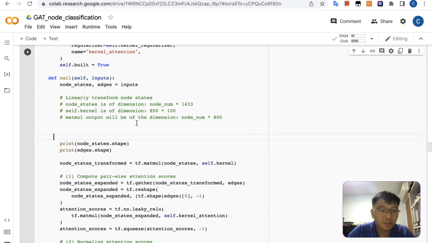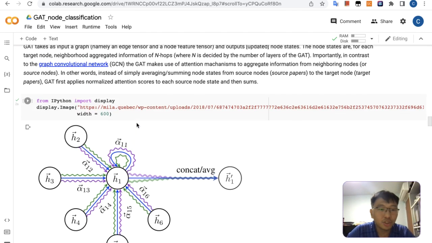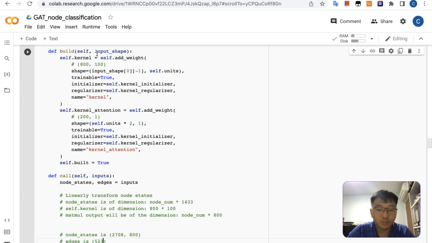Just write node states is 2708 by 800, and edges is 5429 by 2. Actually, this is the same as the initial one that we put in.